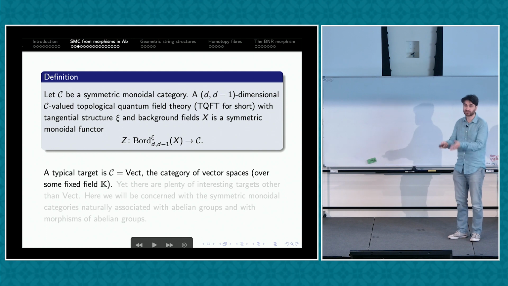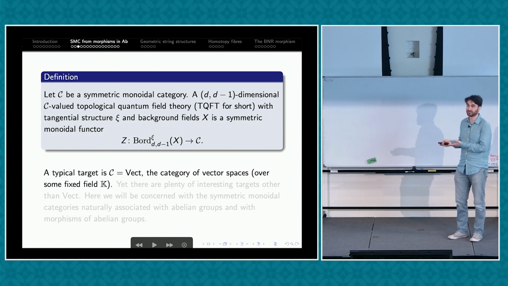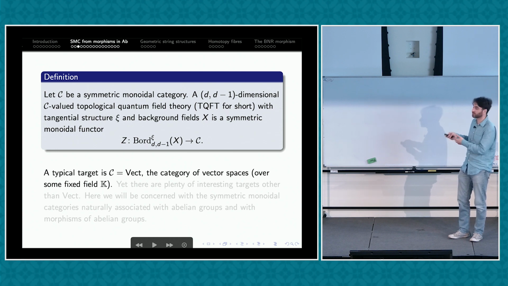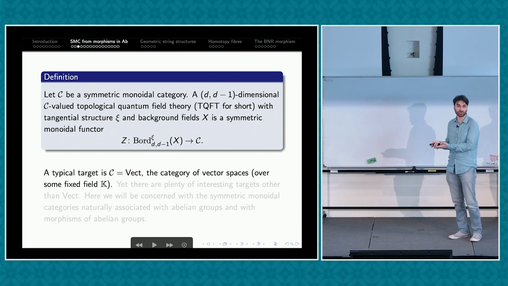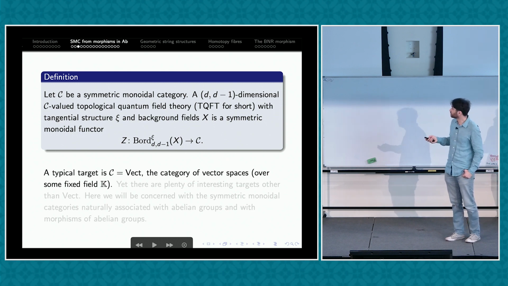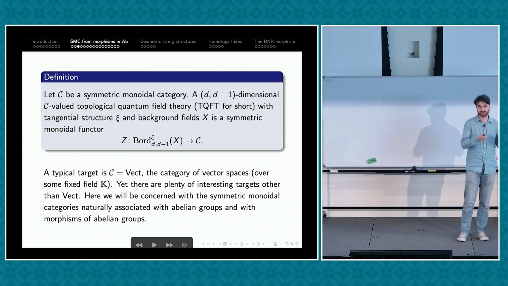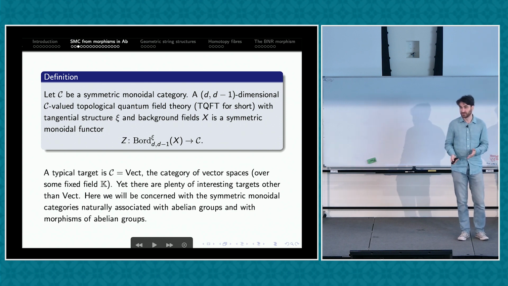But already this morning in Mission's talk, we witnessed an interesting example in which the target was modules for a Boolean semiring. So there are other interesting and easy targets that are not vector spaces. And indeed, in this talk, my target will be the symmetric monoidal category which is just an abelian group seen as a symmetric monoidal category. This has, for instance, shown up in Matthew's talk yesterday.